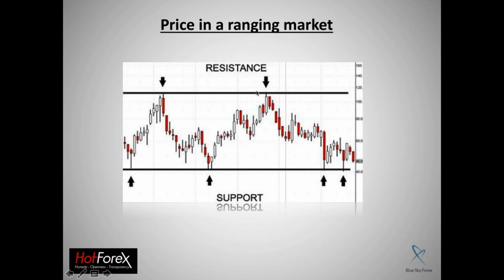It respects these levels. Generally speaking, as it approaches these levels, you start to see classic signs of price exhaustion, like dojis, shooting stars, and other signs that the trend is reversing. You can already know that the resistance or support level will be respected.